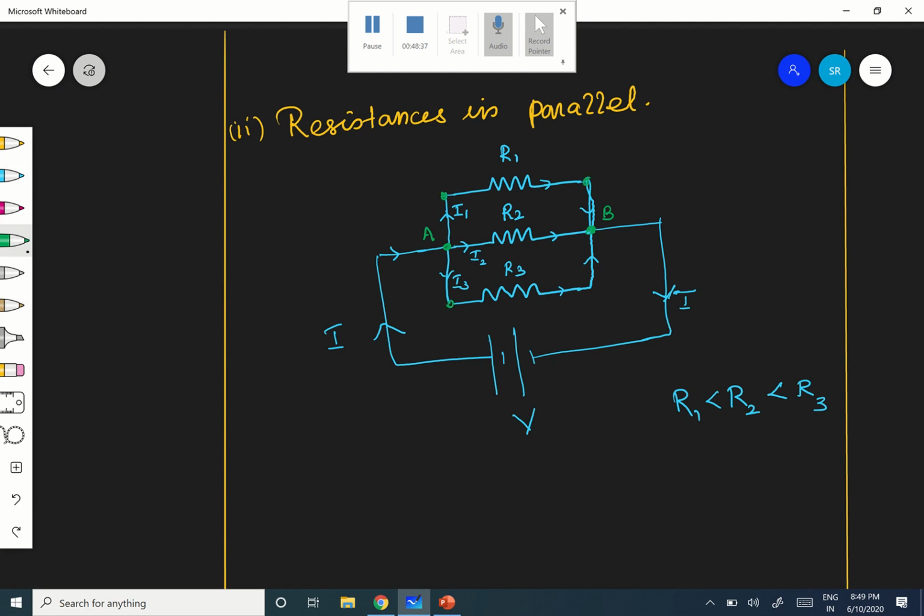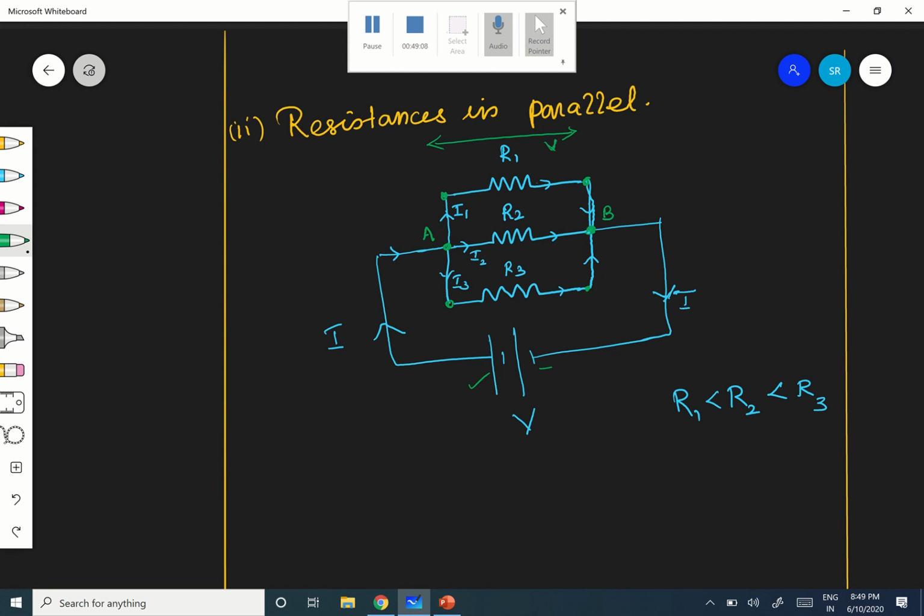R1 has one terminal connected to the positive of the supply and the other terminal connected to the negative end of the supply. Like that, every resistor is directly connected to V, the battery. Therefore, the potential drop across each resistor will be the same. That is V.